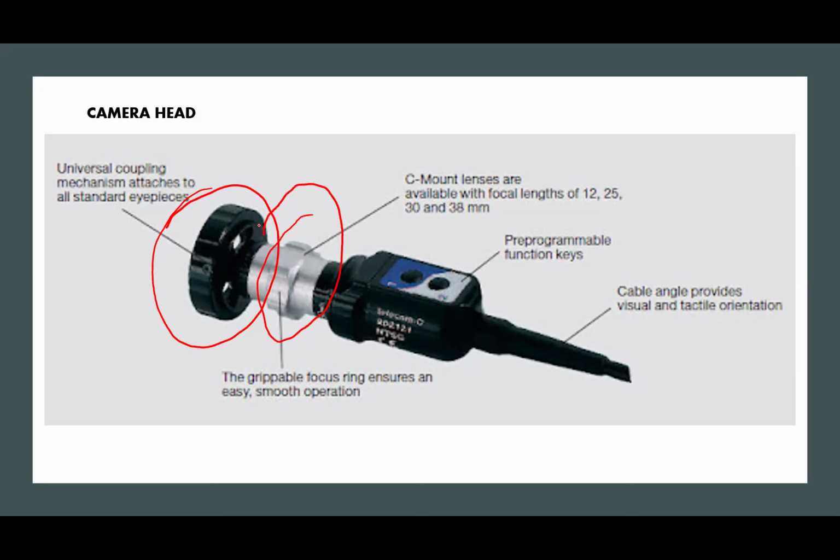Now, there are some laparoscopic heads that have two knobs, one for magnification and another for focus. With a more advanced head, you don't have to be pushing or pulling it out to zoom out. Rather, you can just magnify it, okay? So the grippable focus ring ensures easy, smooth operation.